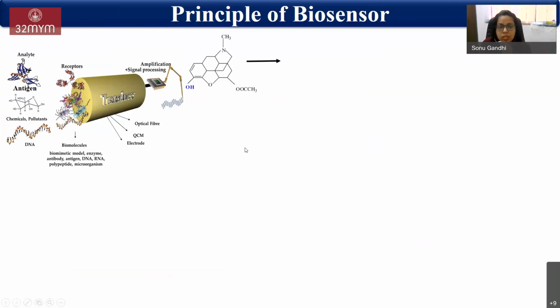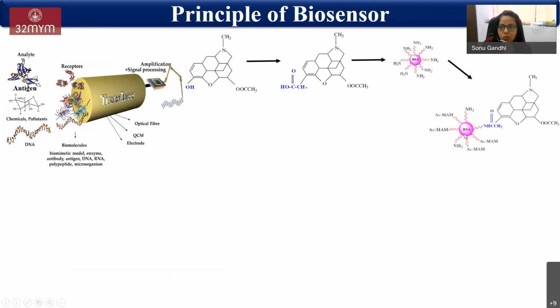So in this process, we start with the biomolecule modifications. Suppose this is one of the examples. You can see this is one of the biomolecules, and through chemical synthesis processes, we generate the desired functional group at one end, without disturbing the whole chemical structure of the molecule, and we conjugate it with the carrier protein. This is how we link it.